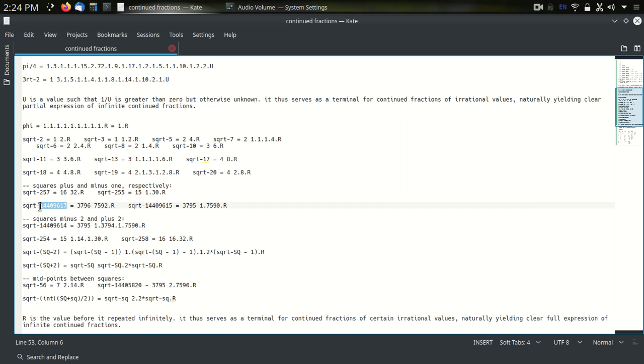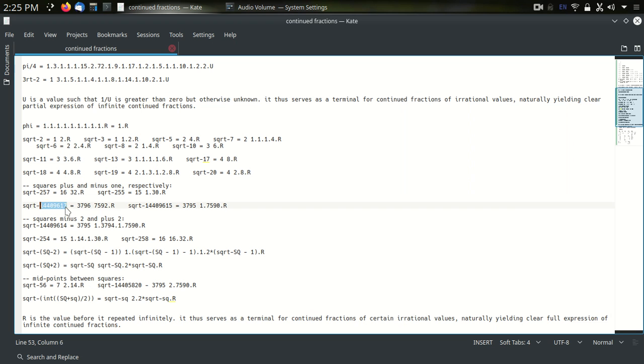The largest perfect square that was less than 14,414,400 was 14,409,616.